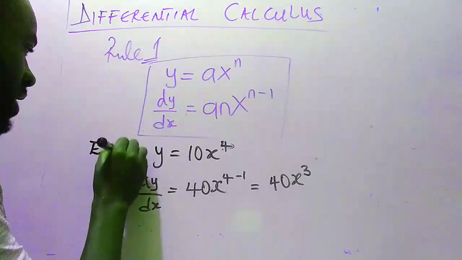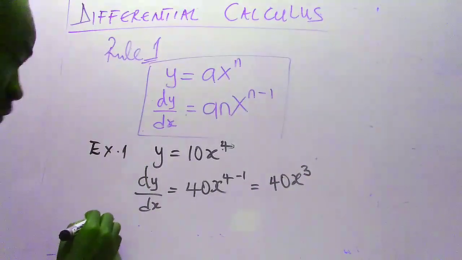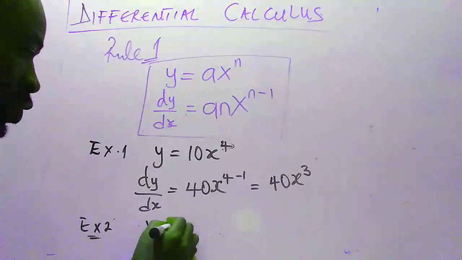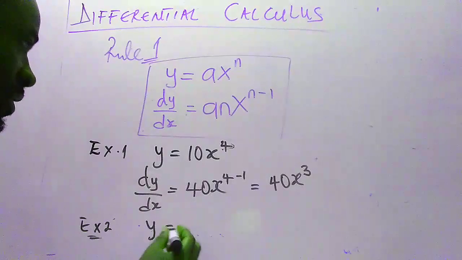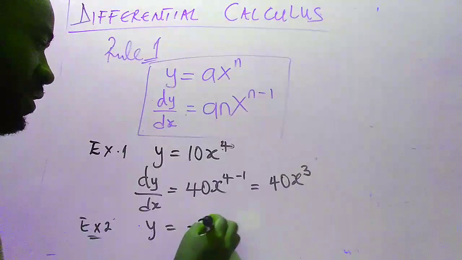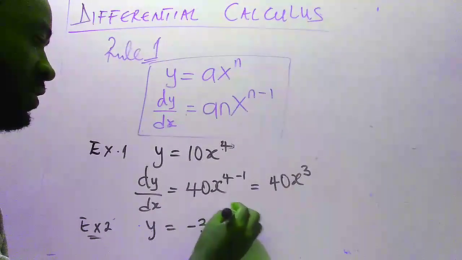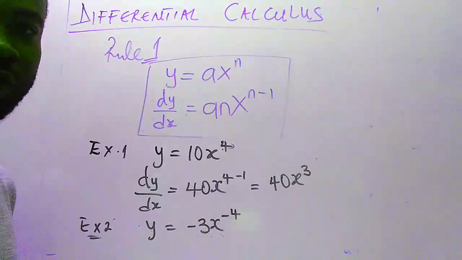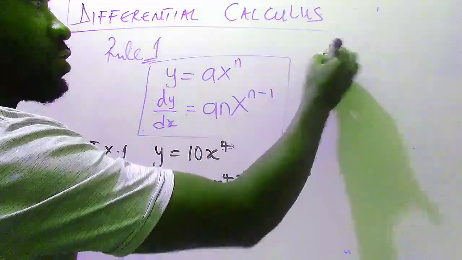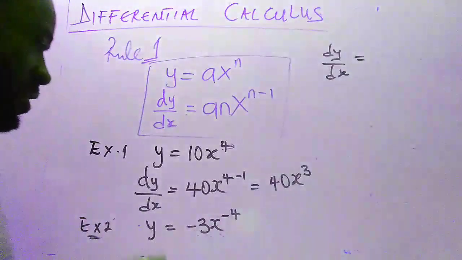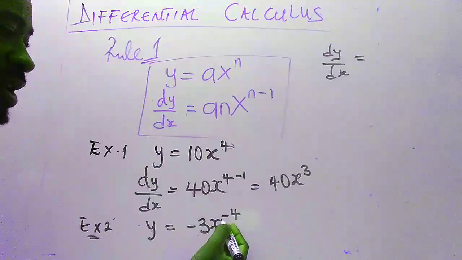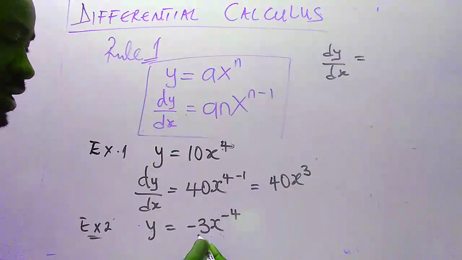Let's take another example, example 2. If you are given y equals minus 3x raised to the power of minus 4, and we want to differentiate this, dy/dx is going to be, remember, the power of the variable x multiplying the coefficient.